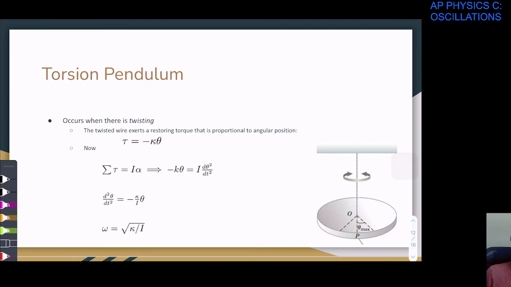We won't go into an example question, but this is just for awareness that this exists, for it to ring a bell sometime. And we use tau is equal to minus kappa times theta. This is just saying that our torque is proportional to our angular position.